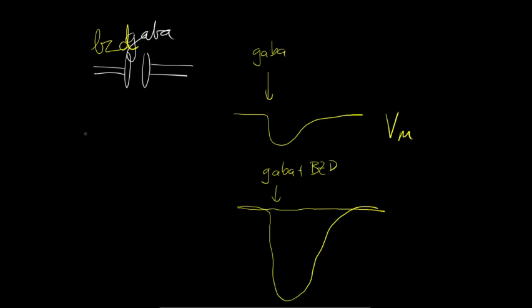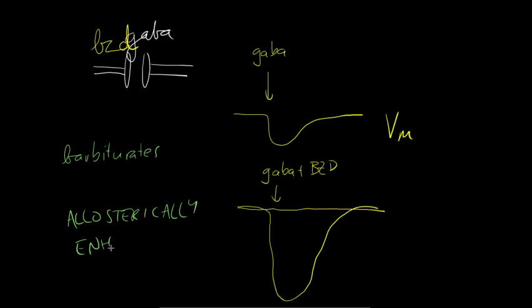And the same actually happens for barbiturates as well. So what they do is they allosterically enhance the size of the GABA response.